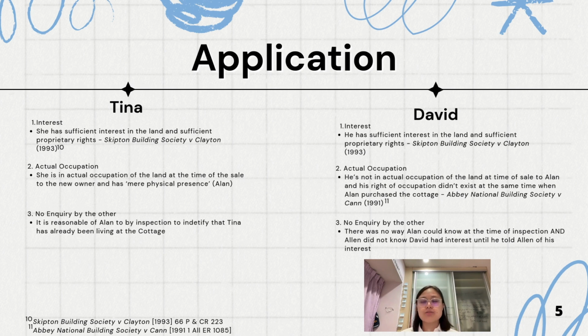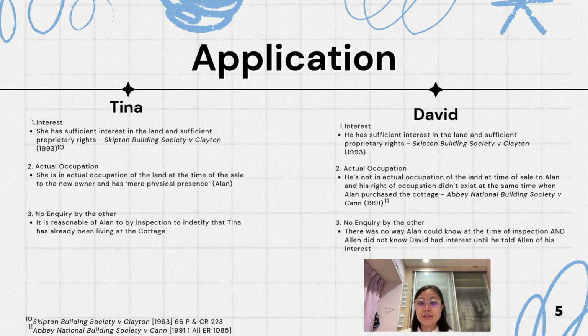But for actual occupation, however, he wasn't in actual occupation at the time of the sale to Alan, and his right of occupation didn't actually exist at the time when Alan purchased the cottage. Although he had his pre-agreement with the brother, he agreed with the brother way before Alan bought the property, he wasn't actually living there when Alan bought the cottage. This principle was found in Abbey National Building Society v Cann.